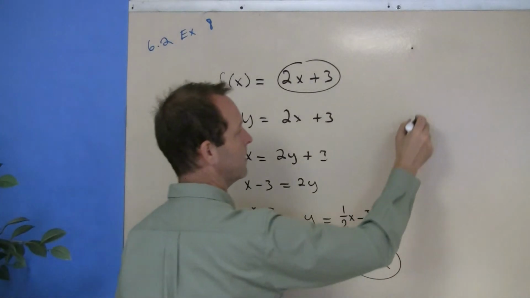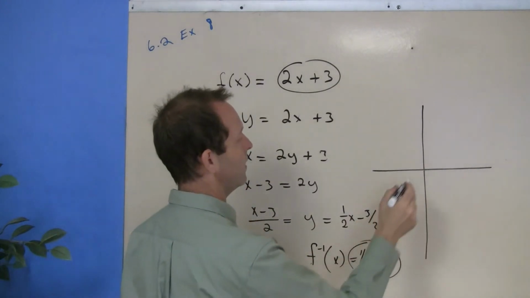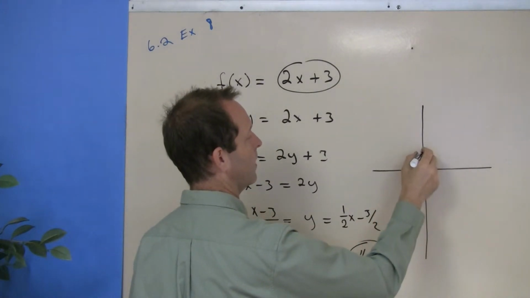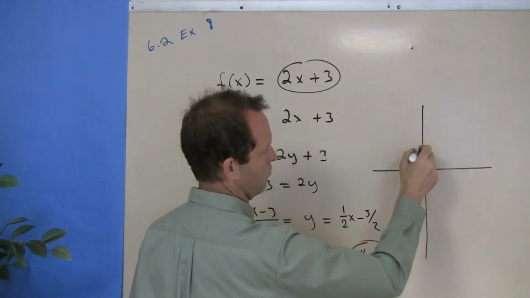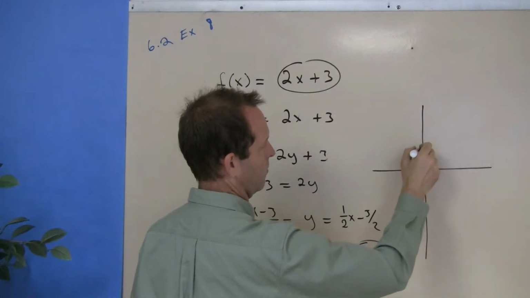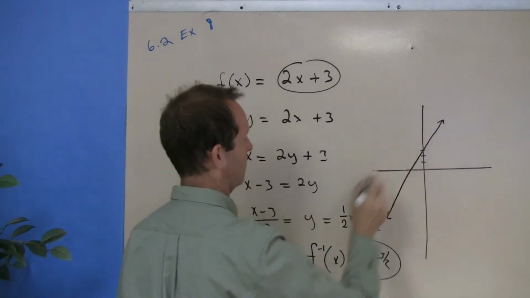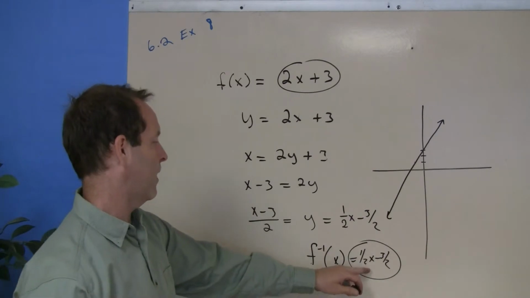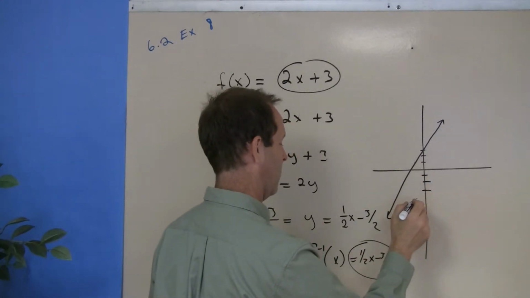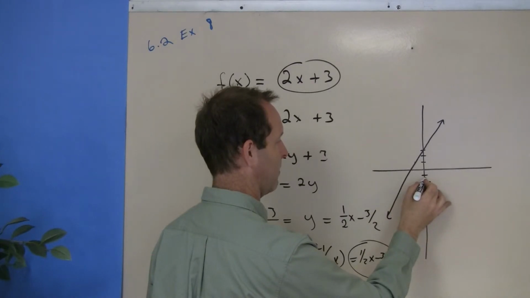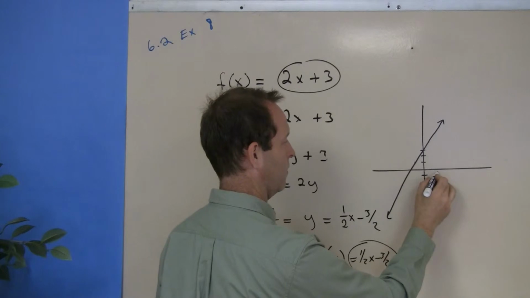If we were to graph these, 2x plus 3 is roughly here, and then the graph of 1/2 x minus 3/2 crosses at negative 3/2, right about there, and has a slope of 1 over 2.